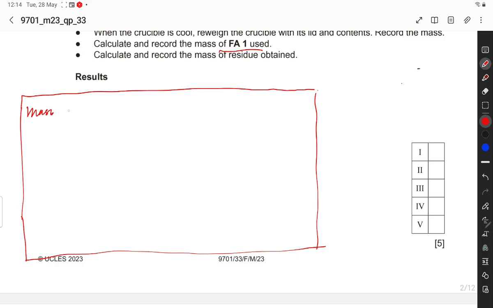First, mass of crucible plus lid, in grams.